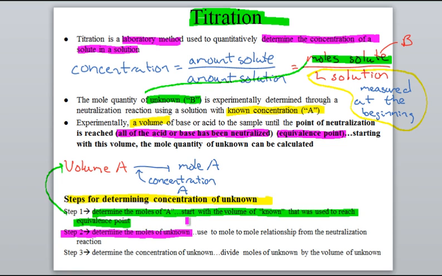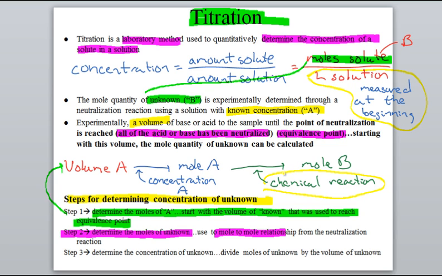And again, in a titration reaction, there's a chemical reaction, so there's a mole-to-mole relationship. You're going to use that relationship to calculate how many moles of unknown. In the laboratory and in every one of your problems, you would be given the chemical reaction. Once you have the moles of B, then you can plug it into your concentration equation and solve for concentration. So that's the last step.